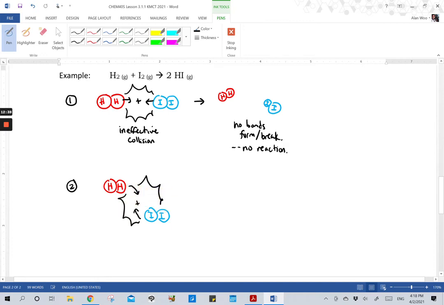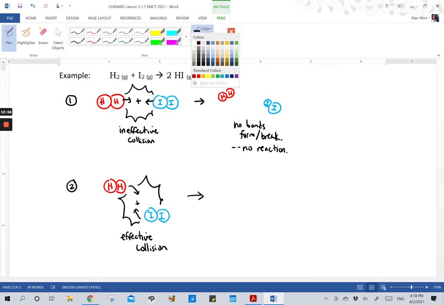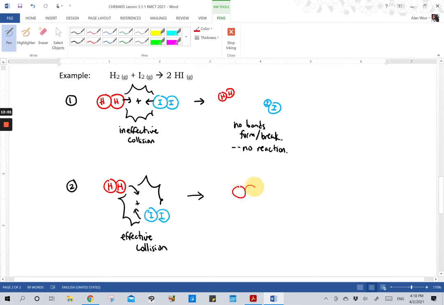If this collision is effective, then what might happen is that you get some kind of a bond forming. So let's say it was something like this.